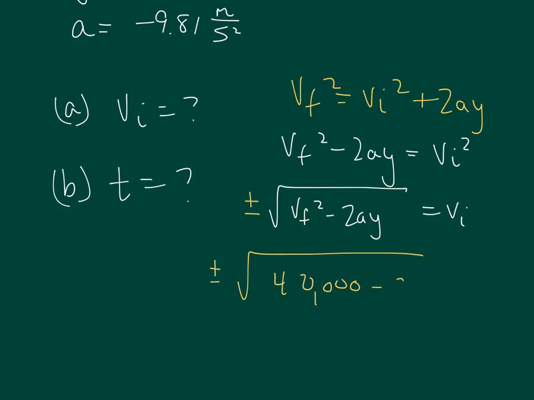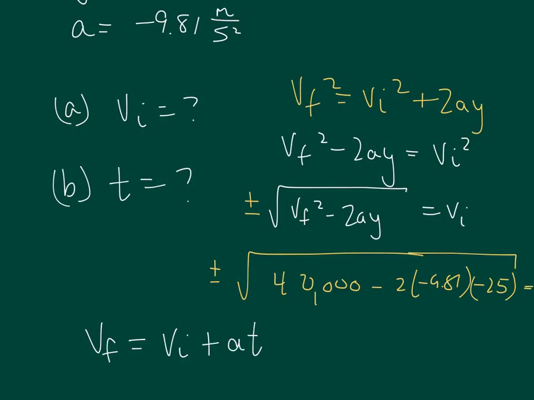Minus 2 times negative 9.81 times negative 25. It's all going to go into the radical. In the second part, to find time, you'll know VF, you'll know VI, you know a. Use this for the second one. You'll get VI from that calculation right here. VI is definitely negative because you're throwing downward.